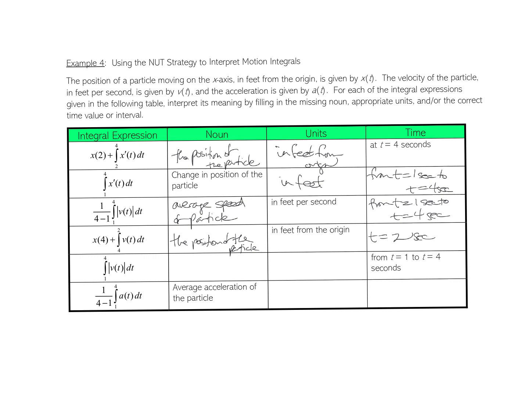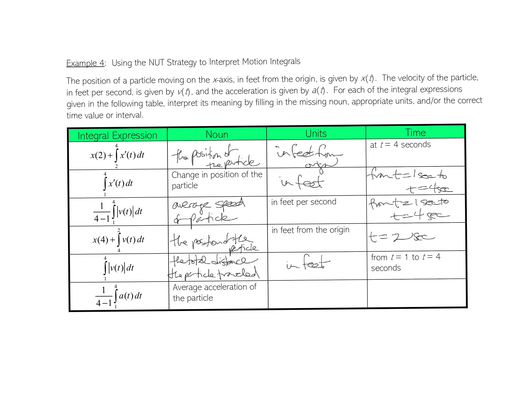Then next we have the integral from 1 to 4 of the absolute value of v of t. What are we doing there? Because this is the integral of the absolute value, this is the total distance the particle traveled in feet from t equals 1 to 4.